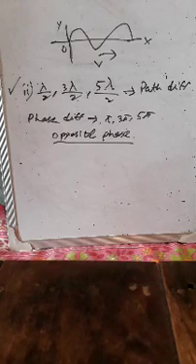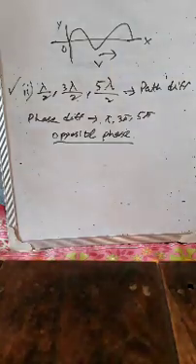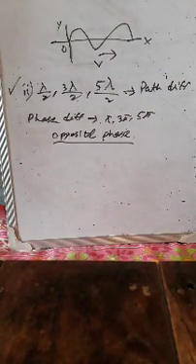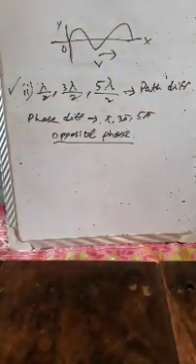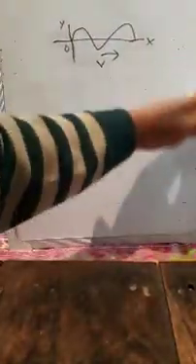Now we will see, students, the general form of the equation of a progressive wave. Usually the general equation of a progressive wave can be written using the cosine function as well as the sine function. Let us see how we can express it in terms of the cosine function.